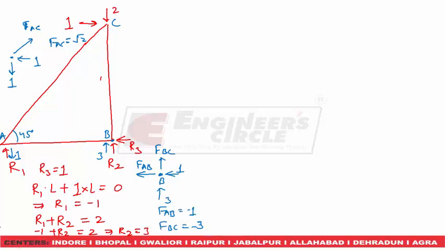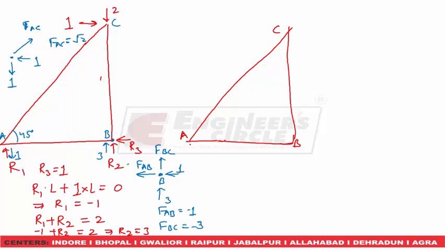Now let us solve the second case, that is applying unit load. So again this is our pin jointed truss. This is A, B, C. Here R1, here R2, here R3.